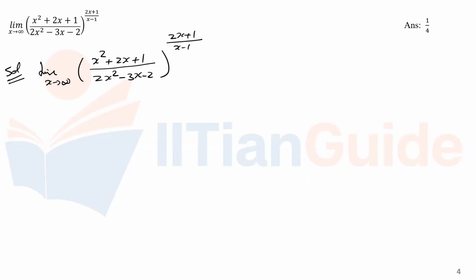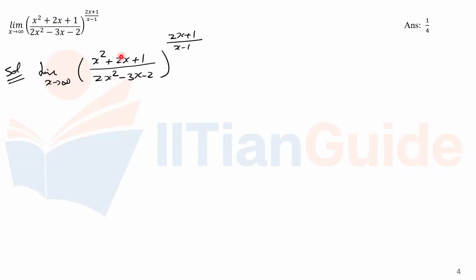We multiply the power term by x plus 1. No, that is wrong. Anyway, just wait. Let us find in which form it is, 0 by 0 or infinity by infinity or whatever. Suppose I put x to be infinity. In the term x square plus 2x plus 1, the numerator is infinite, denominator is infinite.